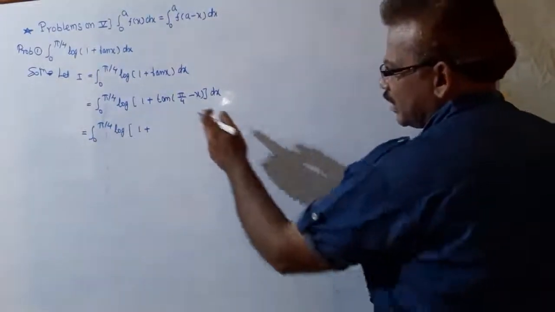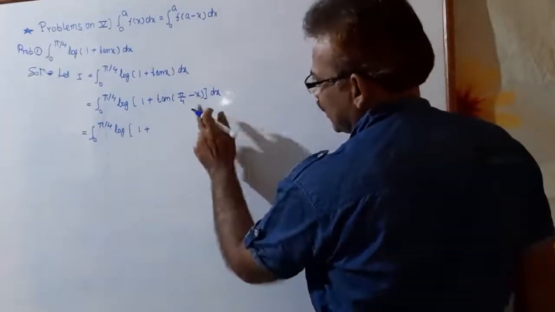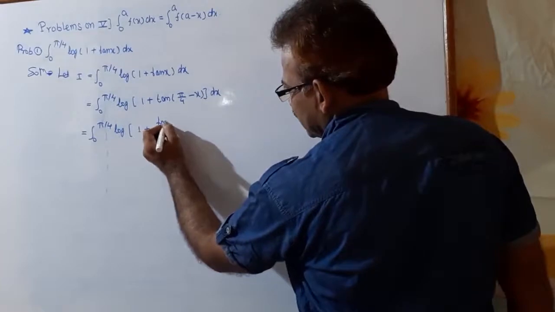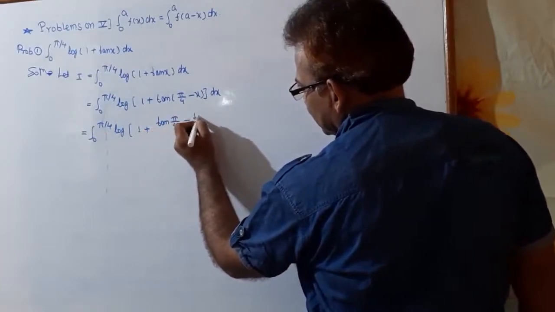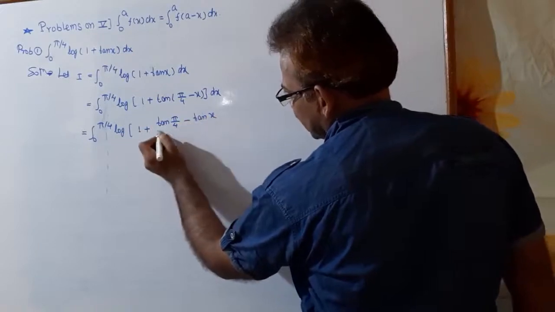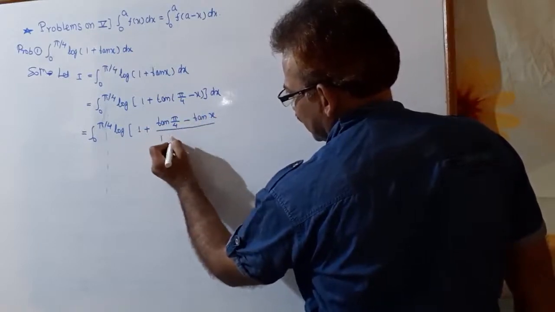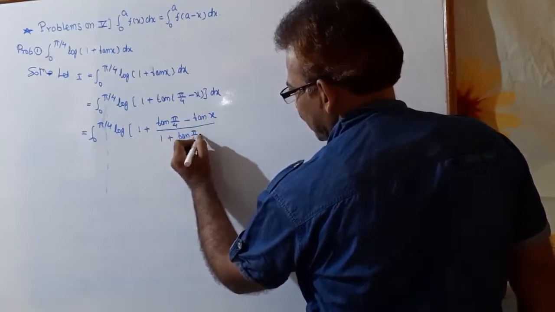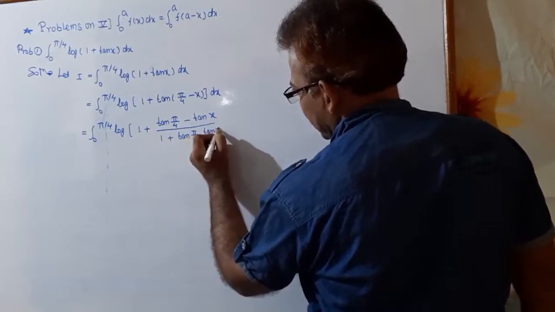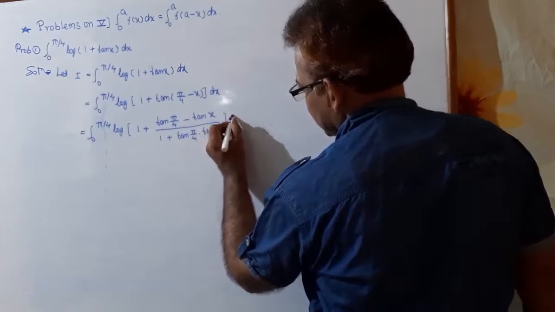We know the formula for tan of a minus b. Apply the tan of a minus b formula here. That is, tan a means pi by 4, minus tan b means x here, divided by 1 plus tan a into tan b, that is tan pi by 4 into tan x dx.